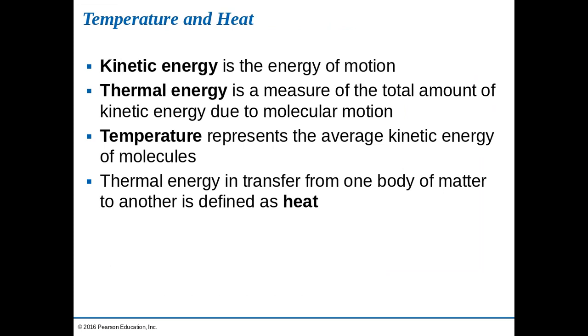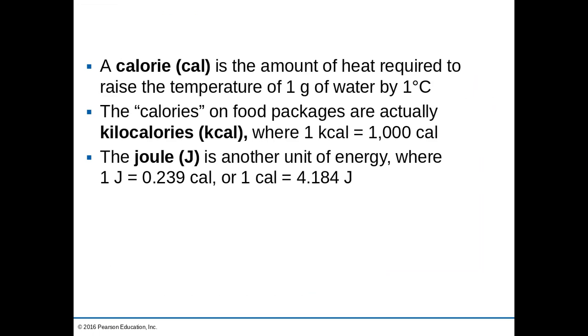When we transfer thermal energy from one body of matter to another, that's what we refer to as heat. You can see some information in the textbook about calories, joules, and kilocalories.